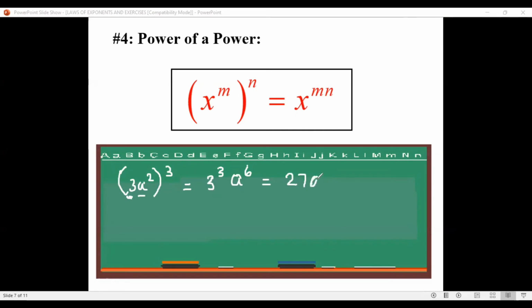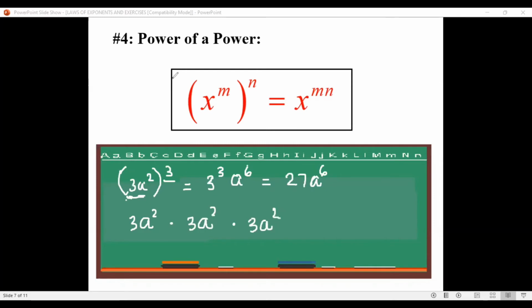Now, why is this so? You have to remember when you say an exponent, it tells how many times a certain number is multiplied by itself. So when you have 3a squared raised to the third power, this simply means that you actually have 3a squared multiplied by 3a squared, and then multiplied again by 3a squared. That is the simple explanation for this.